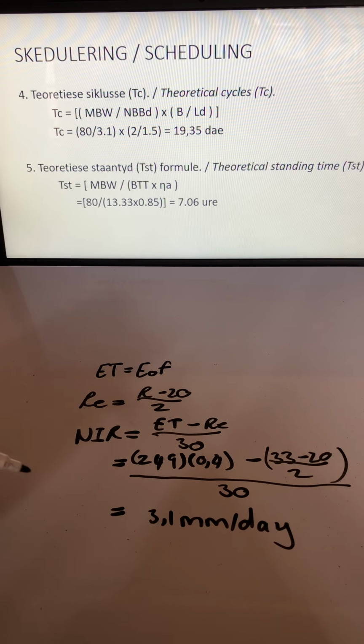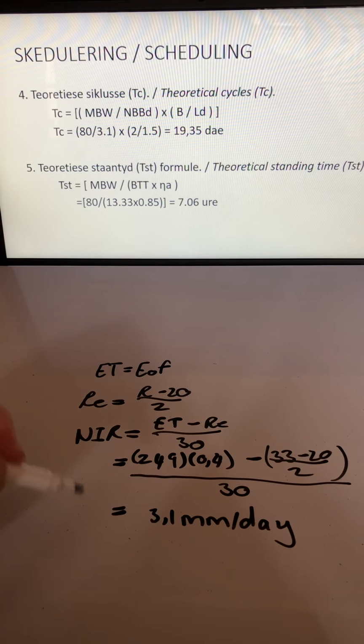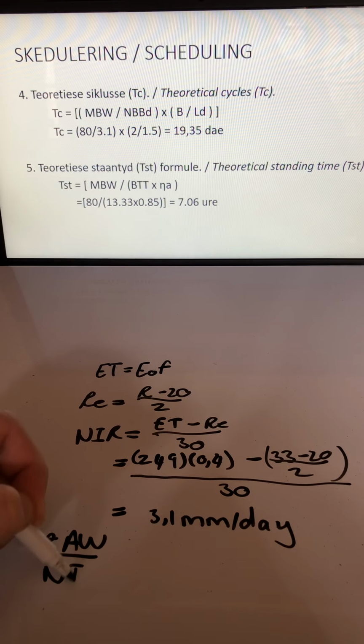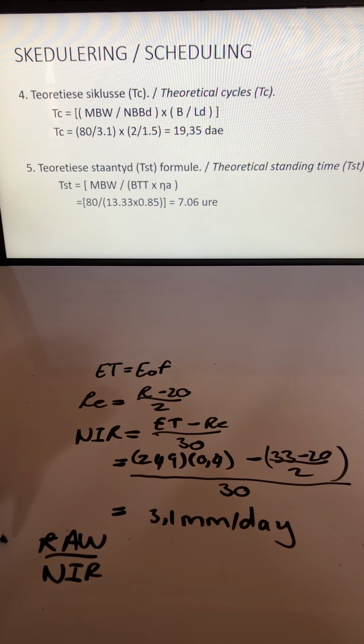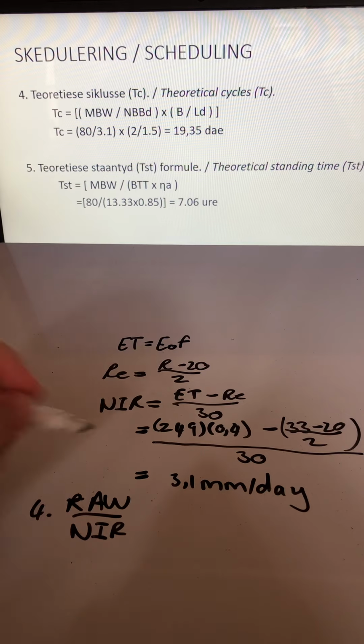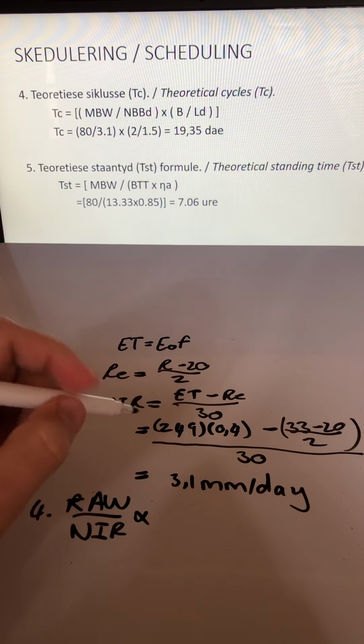And in order to determine the amount of cycles, or the amount of days you have to irrigate, you'll take your readily available water, so that is the water available, divided by your net irrigation requirements, which is how much is needed, multiplied by the area effectively.